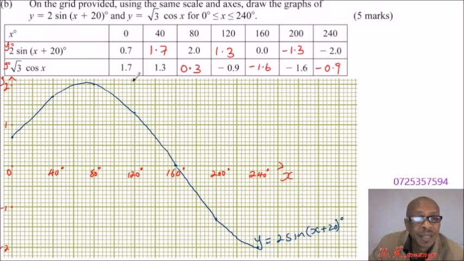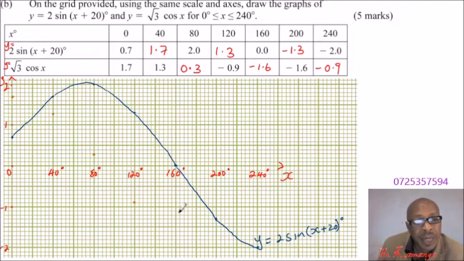When x is 0, y is 1.7. When x is 40, y is 1.3. When x is 80, y is 0.3. When x is 120, y is minus 0.9.